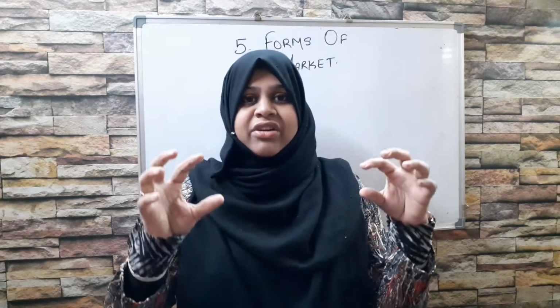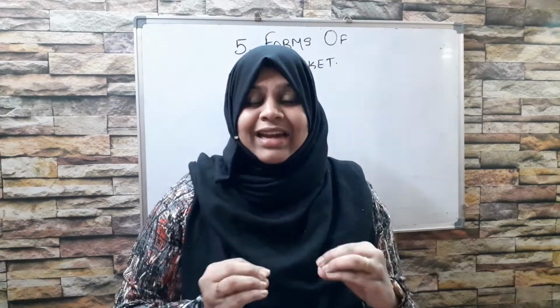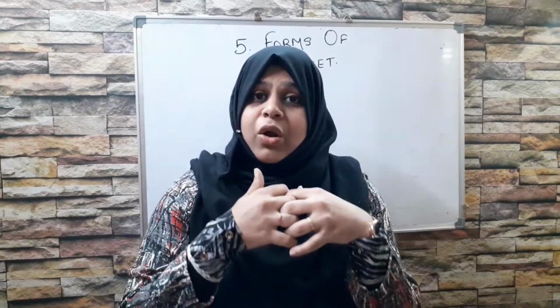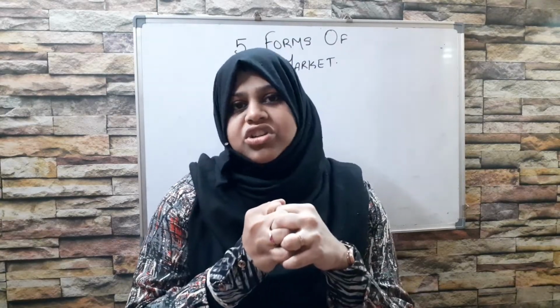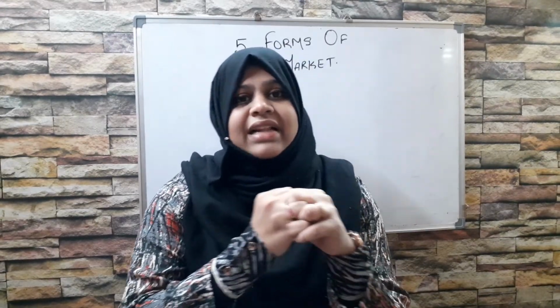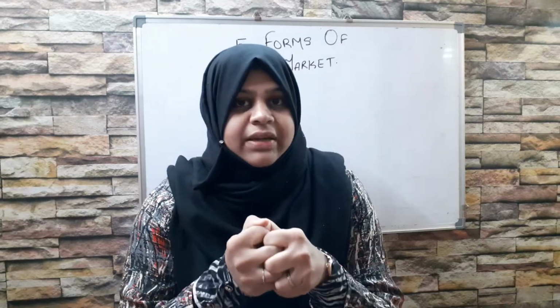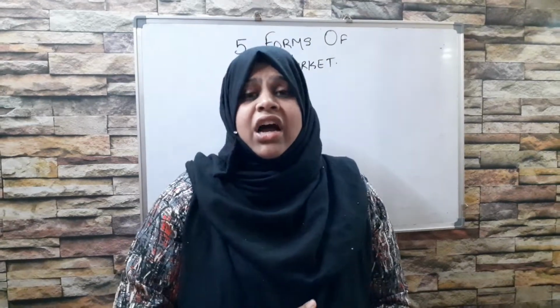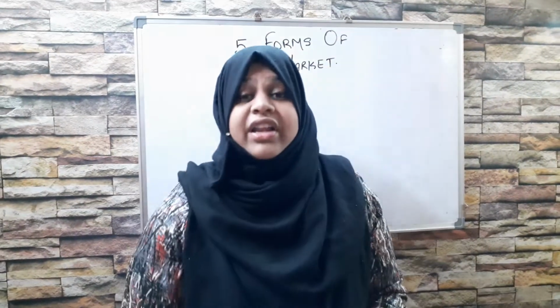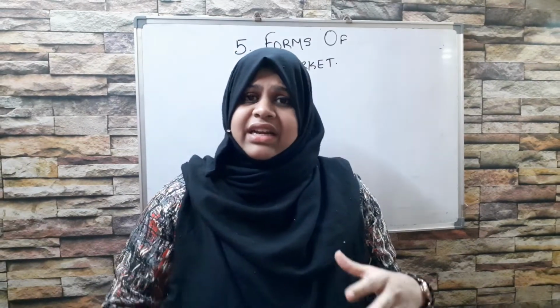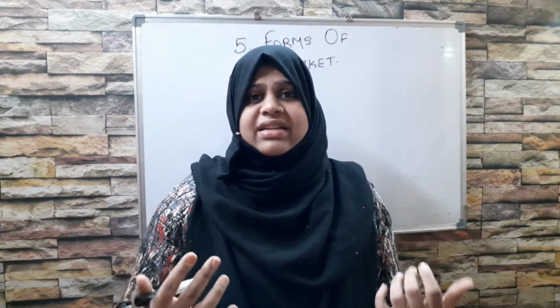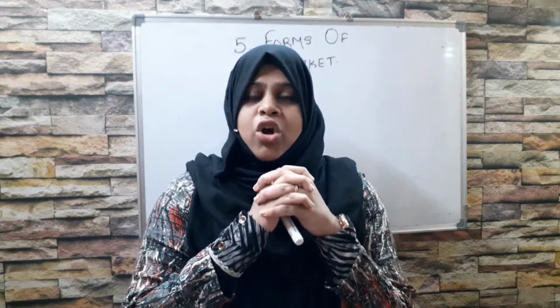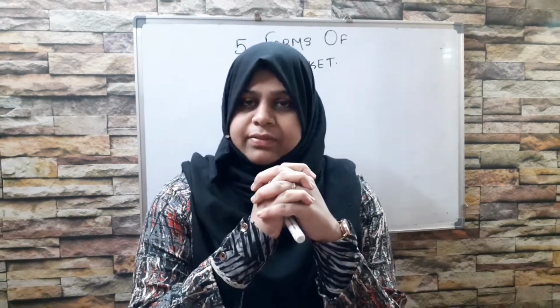It is a must for them to exist in such close contact with each other that buying and selling becomes easy. This definition is given on page number 46, the beginning of the chapter, by Professor Augustine Cournot. He says that it is an arrangement where the buyers and sellers are in close contact with each other.